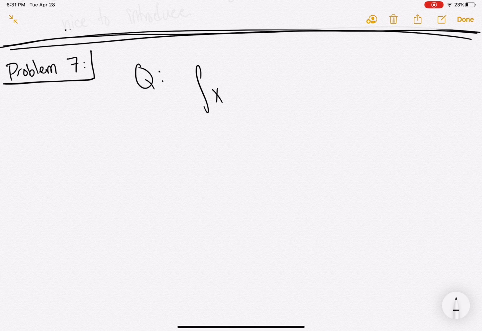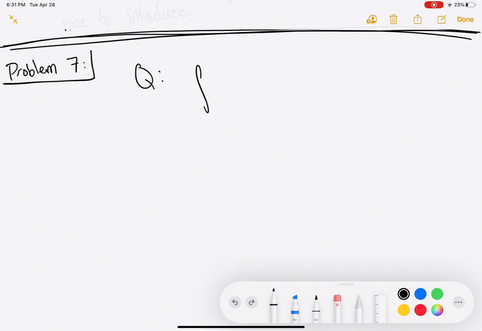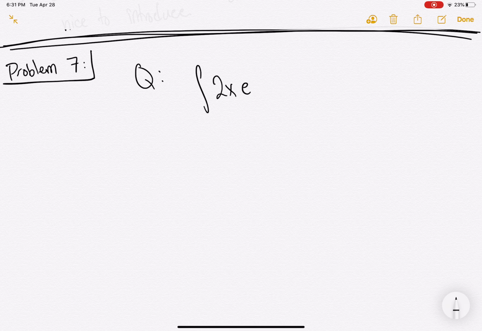So problem 7. It's pretty easy, straightforward anyway. Integral of 2x e to the negative x dx from 0 to infinity. So we have that infinity limit again.